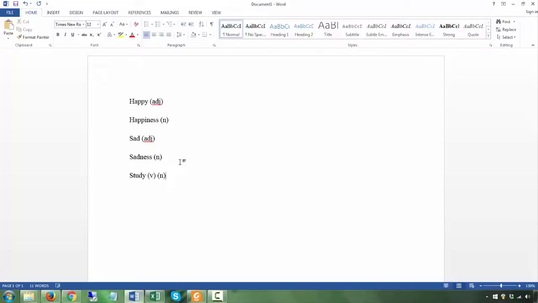Some words have 3 word classes, and there's at least one word I think we're going to go through in this chapter that has 4 word classes. That means that same word, without changing it, could be a noun, verb, adjective, or adverb, right? But here study is both a verb and a noun.